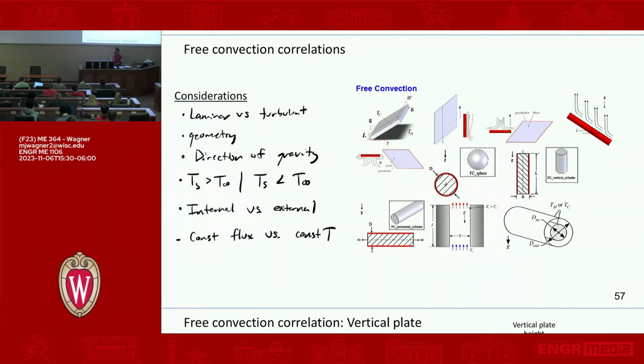So those are the things that you're going to want to use to decide which correlation to use. The reality is, if you have the right geometry and the right, let's say, laminar versus turbulent, you're kind of limited on what's available. There's not a huge amount of stuff out there for free convection, but at least these are the things you want to look for, characteristic-wise.